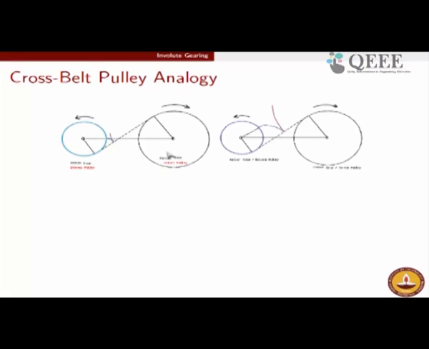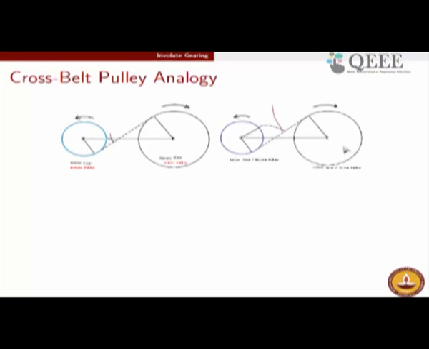If the motion is recorded after a certain lapse of time, in such a case this point would have moved here, and the involute, as you see, on the smaller disc is going in the outward direction, whereas the involute profile which is coming onto the larger gear is getting generated inward. So, one involute is getting generated outward and the other involute is getting generated inwards.